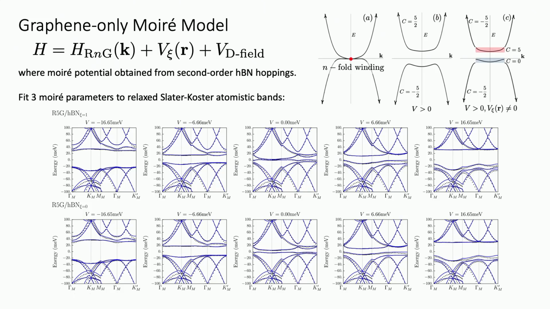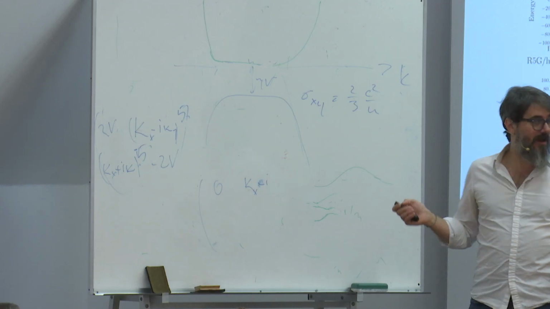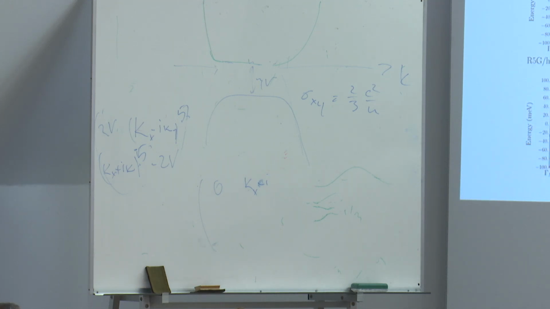At zero field, you see this k to the fifth, and then you add field, and there's a gap induced by the field, and a flat band here. Now this flat band here is just the flat band of the unrelaxed, unmoiré twisted graphene plus folding. And this band here, you can see gaps here.